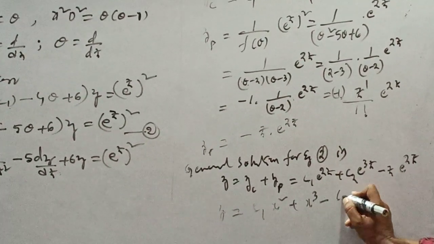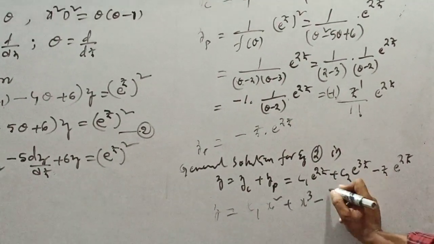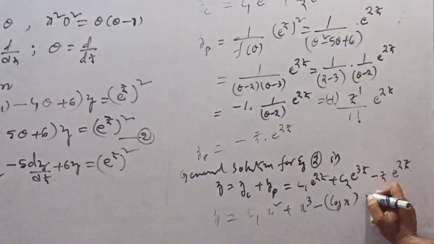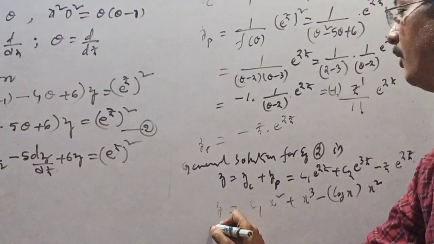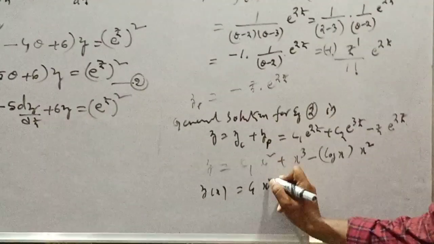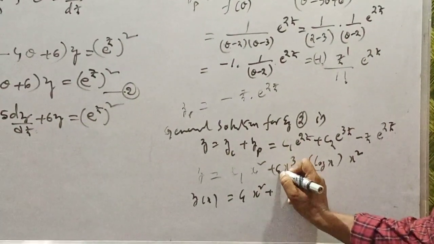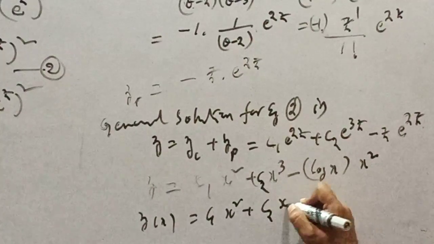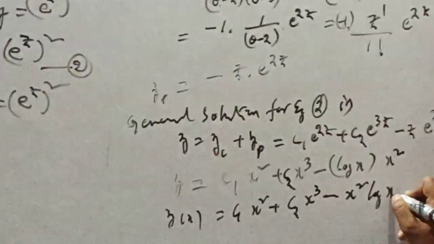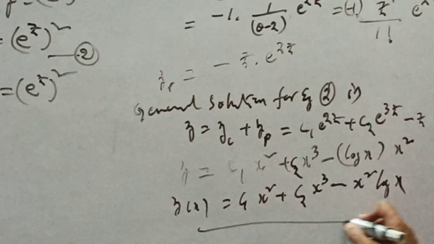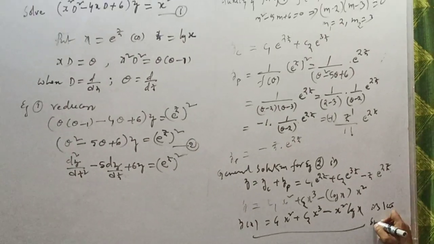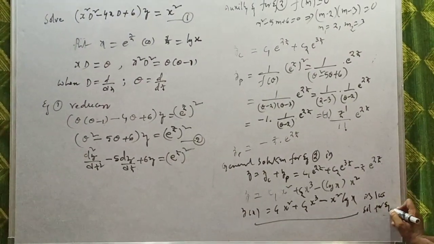Minus z, which is log x, into e to the power of 2z, which is x square. So y of x equals c1 x square plus c2 x cube minus x square log x, which is the solution for equation 1.